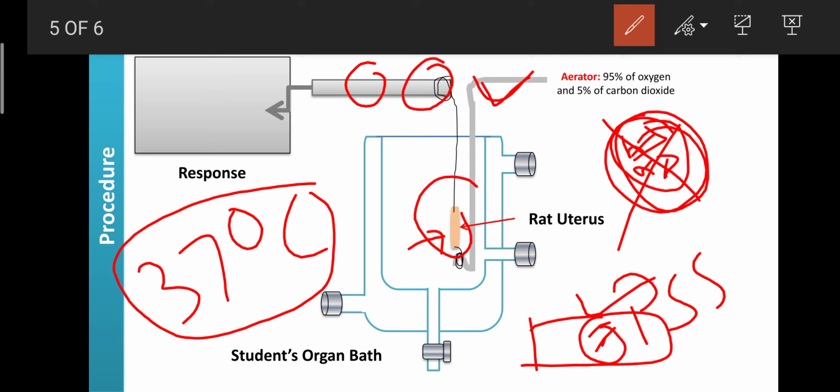If you give pure 100% oxygen, then the person or animal can die due to acidosis. That's why it is a mixture of 95% oxygen and 5% carbon dioxide, and it can even contain small traces of nitrogen gases to avoid acidosis or death of human beings.